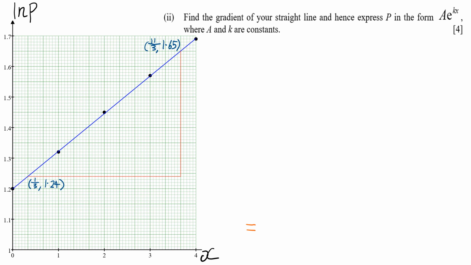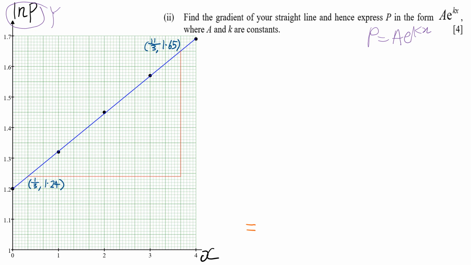Of course, P equals a e^(kx) is not a straight line, so we need to do something to it. The hint given is that your big Y is supposed to be ln P, so you need to bring natural log to both sides.